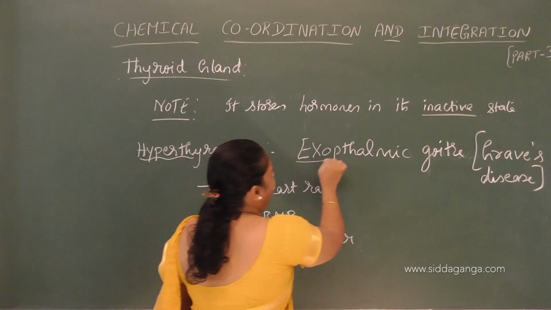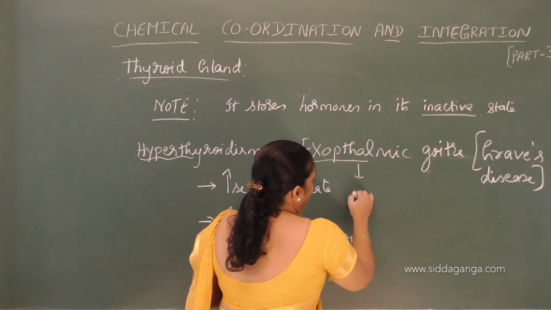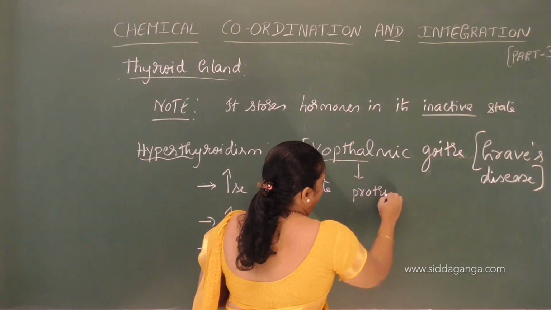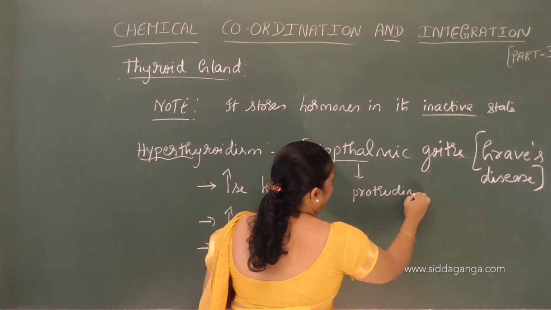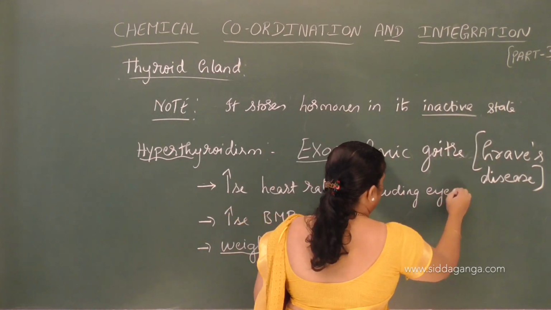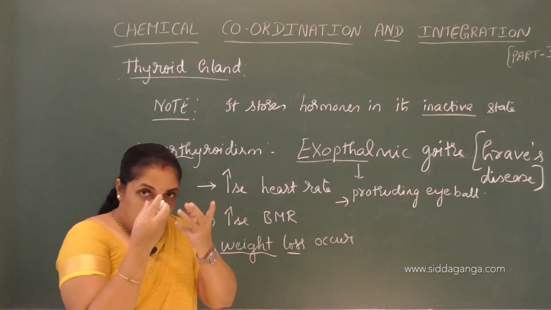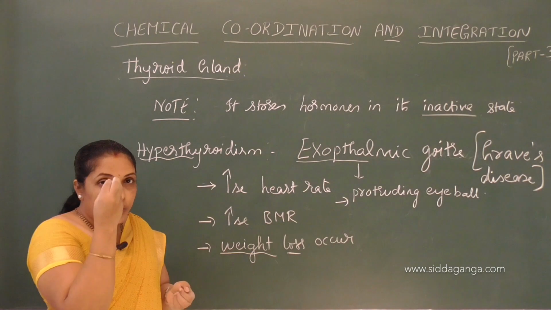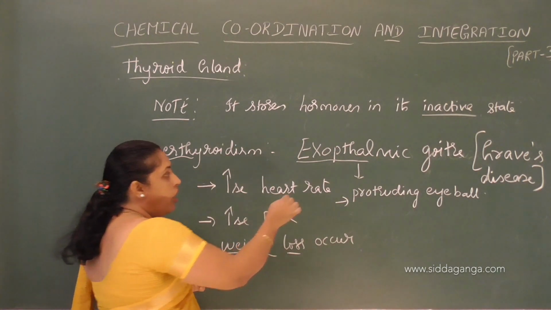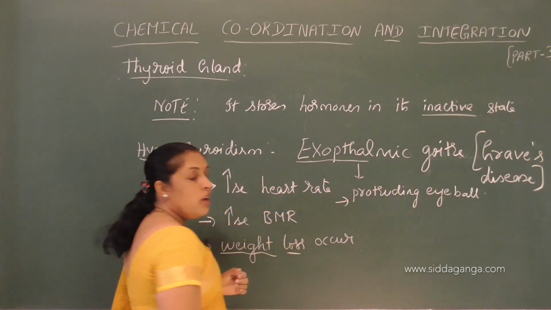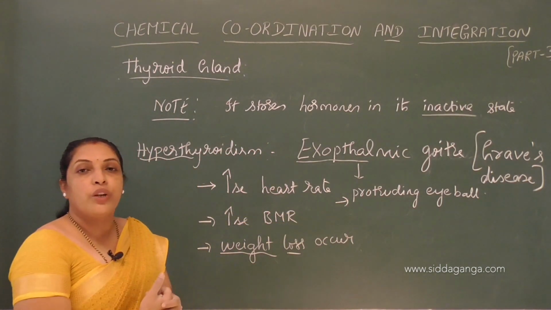In exophthalmic goiter, we see protrusion of eyeball in this person. That condition is called exophthalmic. Goiter means enlargement of thyroid gland.